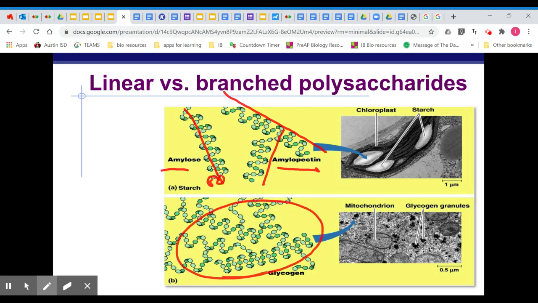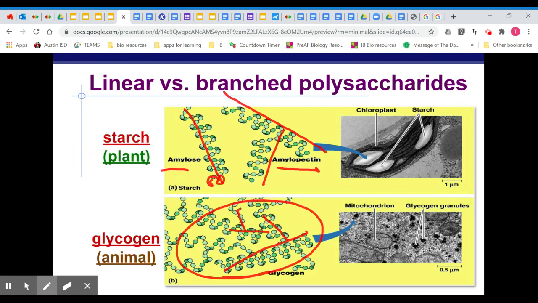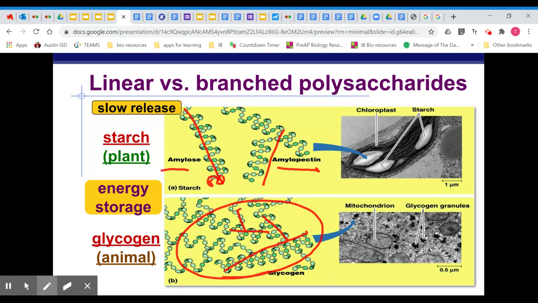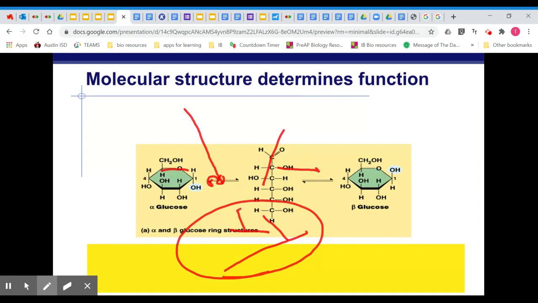Whereas glycogen, the animal starch, you'll notice that it has all of this branching coming off of it, so there's lots of different points where you can pull the little sugars off when you need them. They're both really important for energy storage, but starches are what we would consider more slow release, whereas glycogen is more of a fast release.